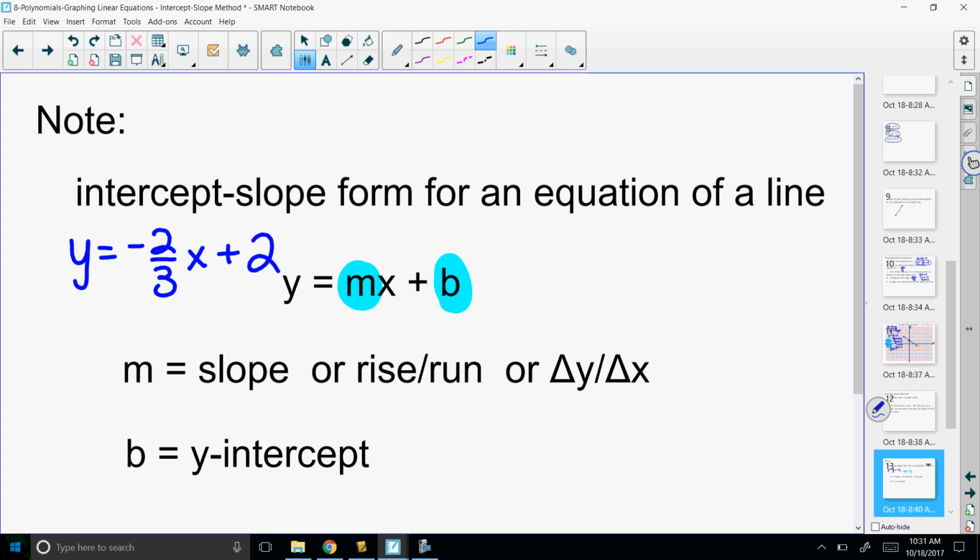In that example, what is your slope? That's your m value, which is the coefficient of x. So my slope is negative 2/3. B stands for the y-intercept. The value that's in that position is 2, so my y-intercept is 2.